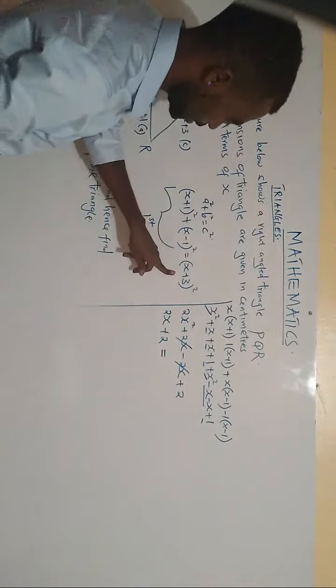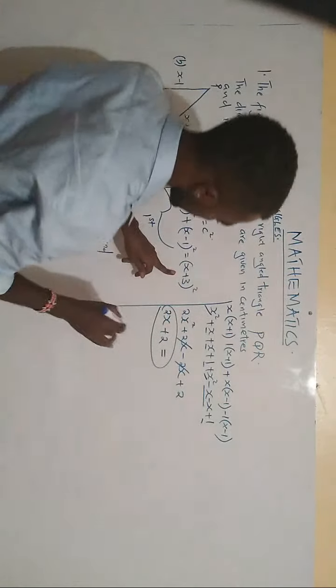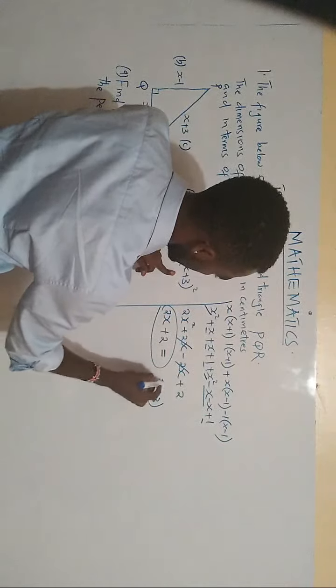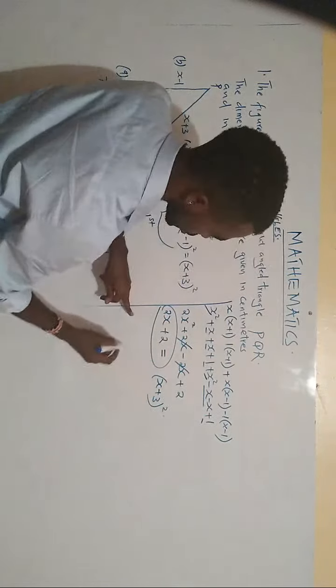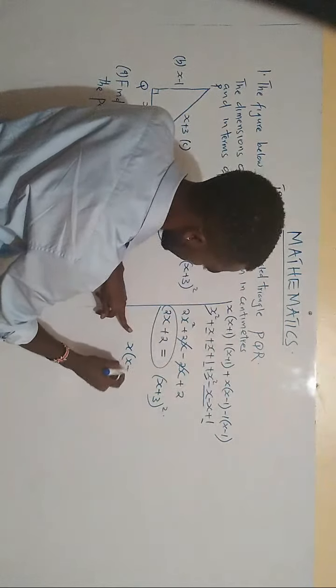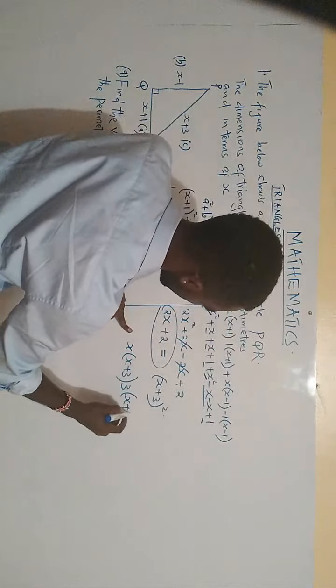So this side is 2x squared plus 2, which we retain, and it is equal to x plus 3 squared. Working out x plus 3 squared: x into x plus 3, plus 3 into x plus 3.